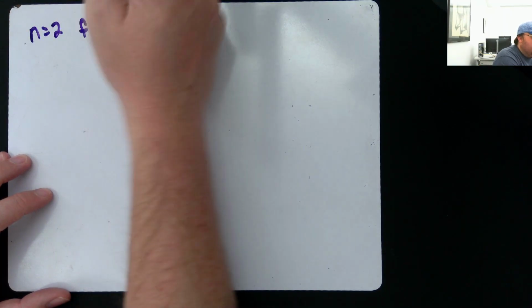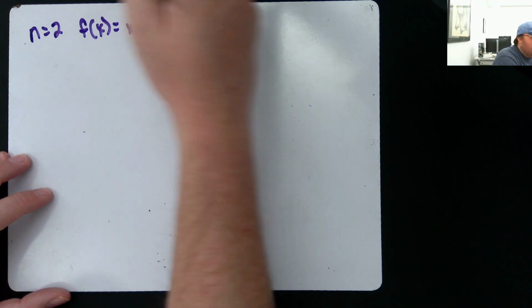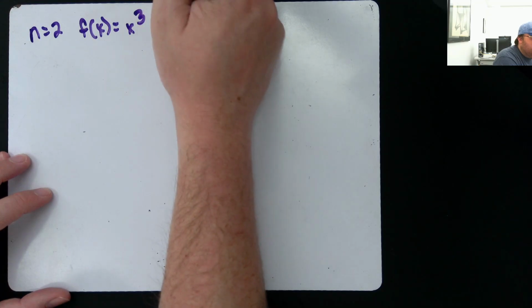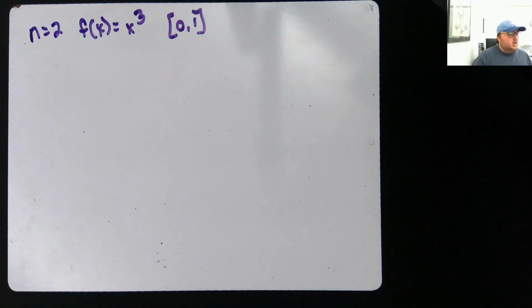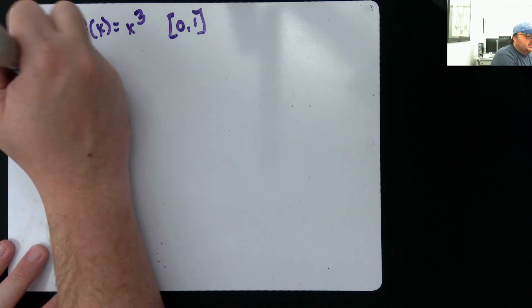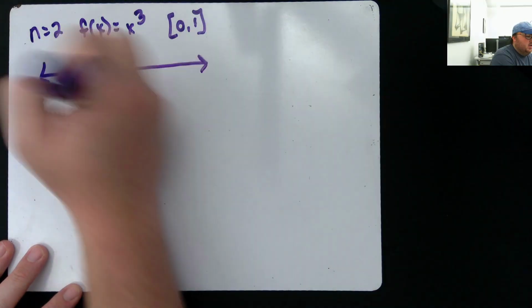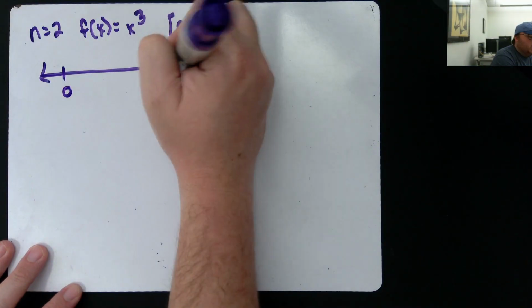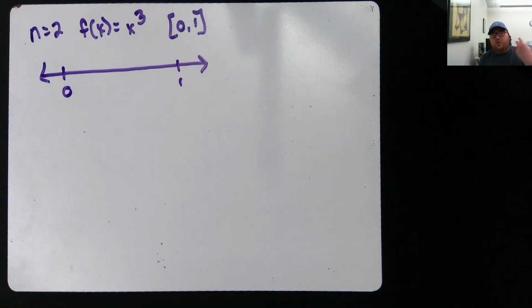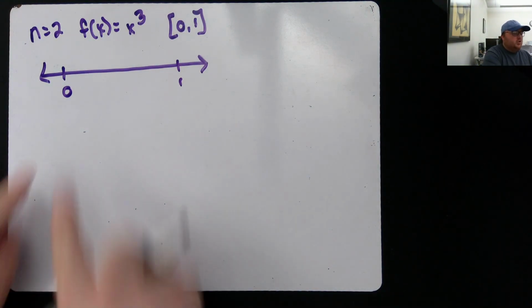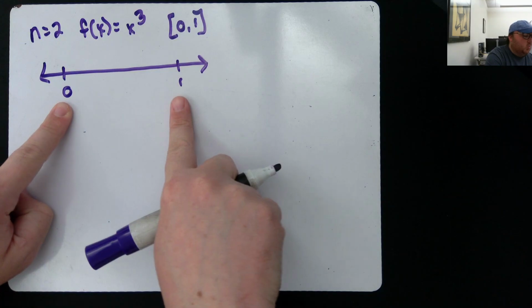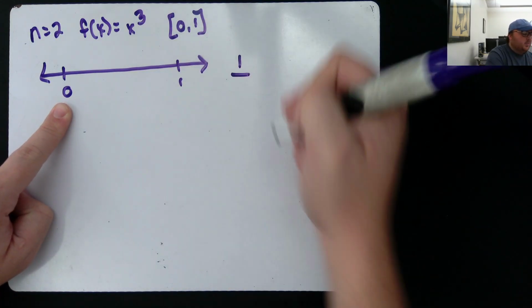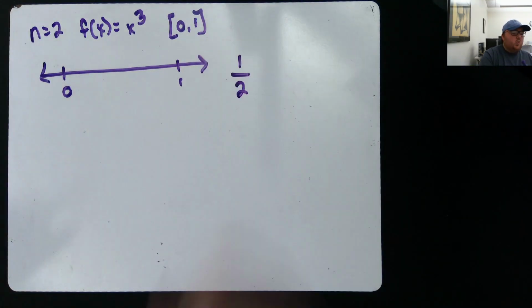The function is going to be x cubed, and we're going from 0 to 1. So once again, let's see what the range is. I'm starting at 0 and I'm going to 1, and I'm splitting it into 2 parts. So the total length from 0 to 1 is 1, separating it into 2 parts, so each width is 1/2.